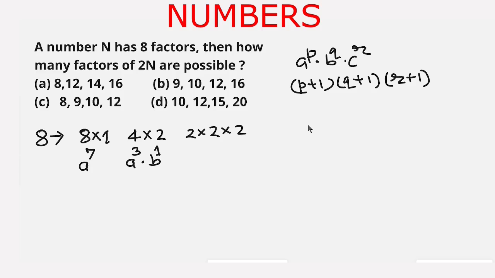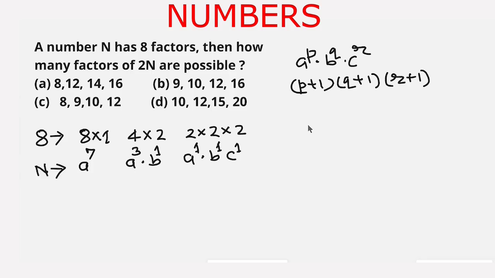Or we can have a to the power 1 into b to the power 1 into c to the power 1. So the number of factors will be 1 plus 1 is 2 multiplied by 1 plus 1 is 2 multiplied by 1 plus 1 is 2. So it will be 2 multiplied by 2 multiplied by 2 equal to 8. So these are the values of n for having 8 factors.